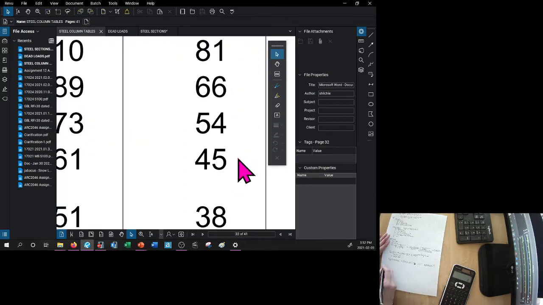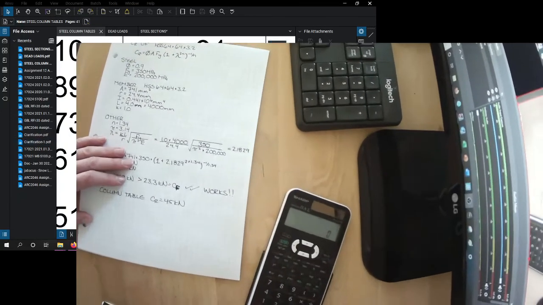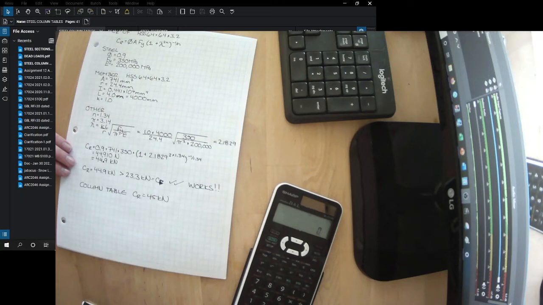The column selection tables has a CR of 45 kilonewtons. They just rounded that 44.9. So they're the same answer. We did it. We checked it, and we got an answer.